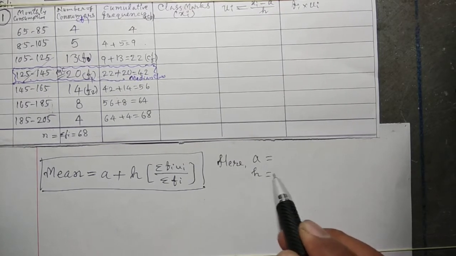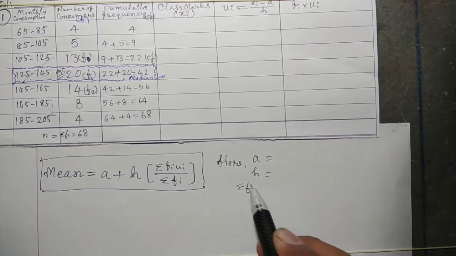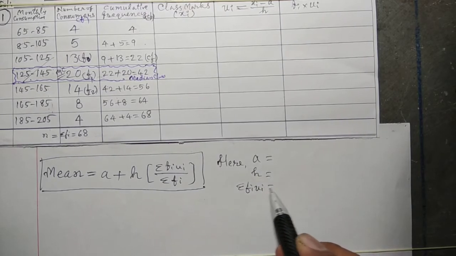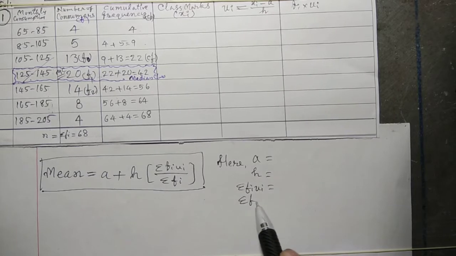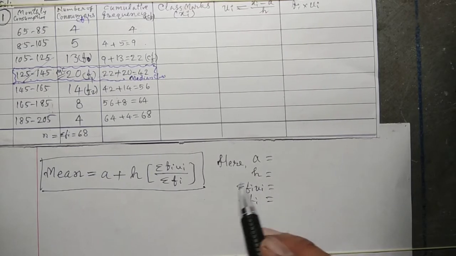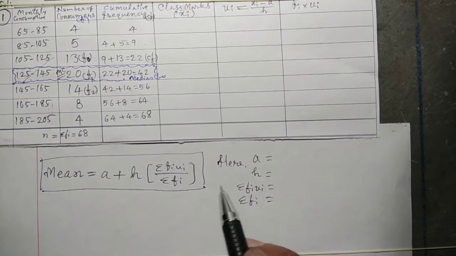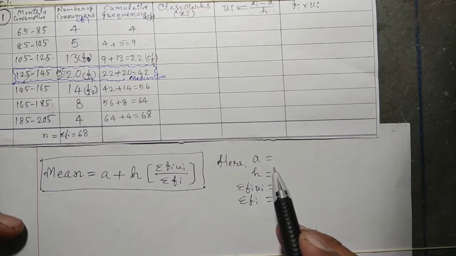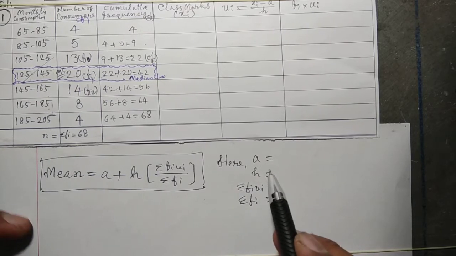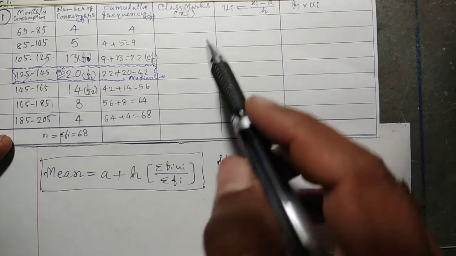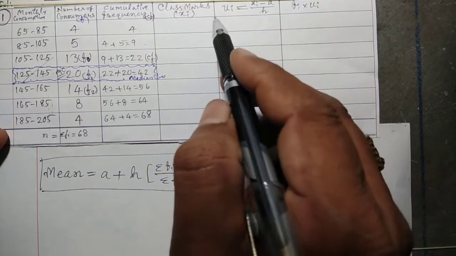What is h? What is sigma Fi Ui and sigma Fi? If we know these values, we can find the mean. So to find these values, we can calculate these class marks.